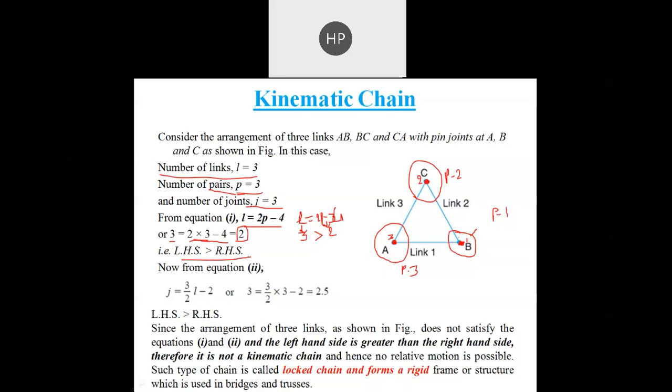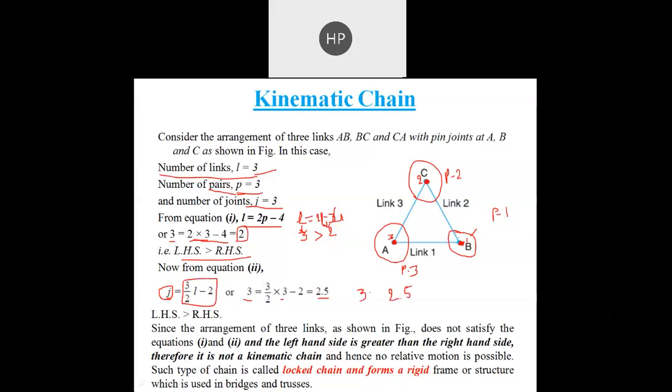Now we will use the second equation. J is equal to 3 by 2 L minus 2. So what is J? J is equal to 3 by 2 L, L is given as 3. So 3 by 2 into 3 minus 2, so we will get a value of 2.5. And the left hand side value is 3.